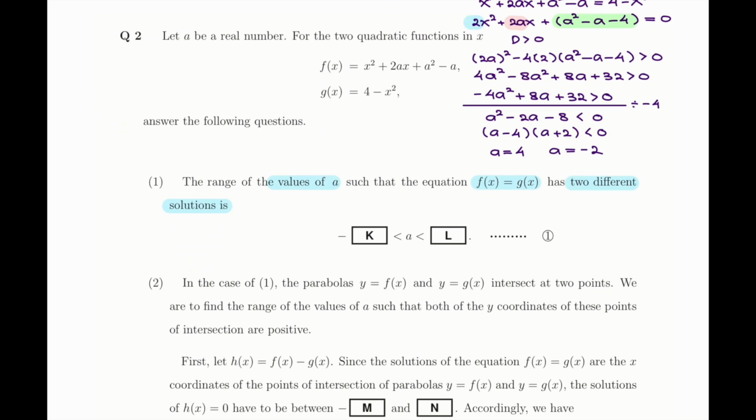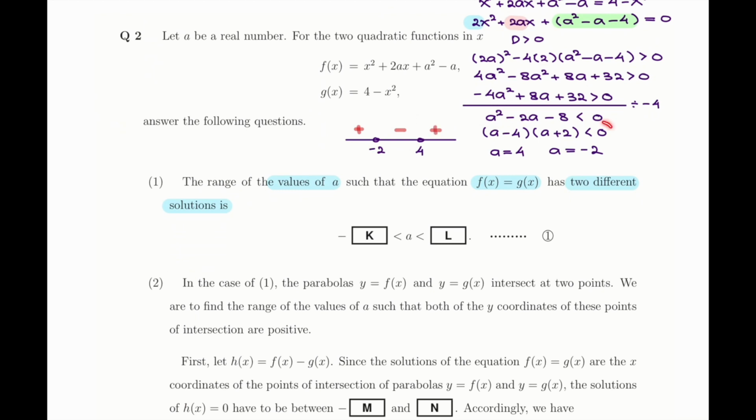Then I can draw the number line, and then I will put the critical values, which are negative 2 and 4. And then I will check the sign here. As you can see, the coefficient of a squared is positive. Then the sign in the middle region here must be negative, and then the others are positive.